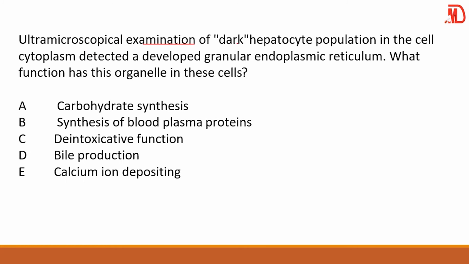Ultramicroscopical examination of a dark hepatocyte population in the cell cytoplasm detected a developed granular endoplasmic reticulum. Now, the reason why we call endoplasmic reticulum granular is that substances have been attached to it, and those substances are proteins.